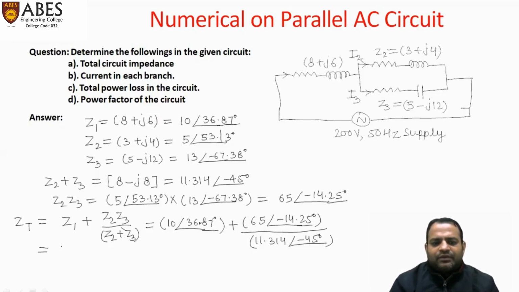So when we are calculating this, it is 10 angle 36.87 degree plus, after calculating this, 5.745 angle 30.75 degree.